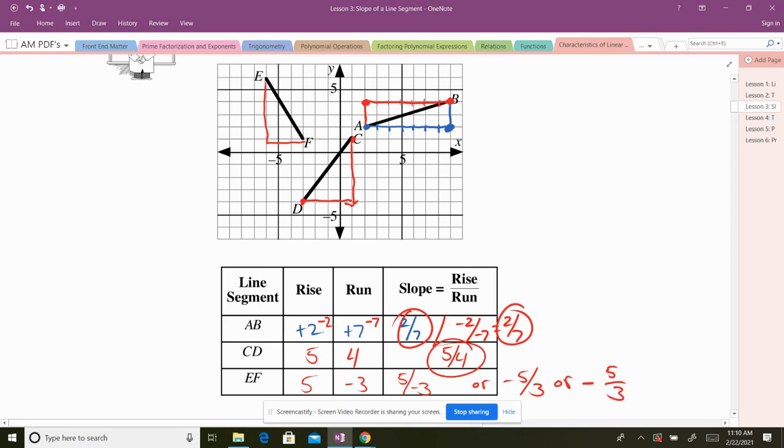They all mean the same thing. -5/3. People get that? Yes? This is important. Okay. So I can scroll to the next page.